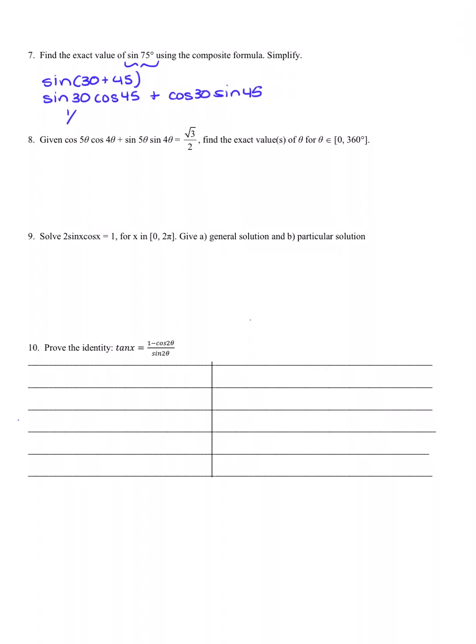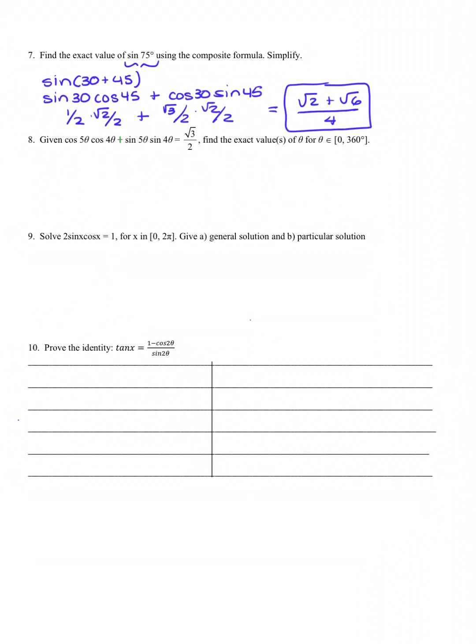So sine 30 is a half, cosine is rad 2 over 2. Cosine 30 is rad 3 over 2 plus rad 2 over 2. That all simplifies to rad 2 plus rad 6 all over a common denominator of 4. And then we go on to the next one.